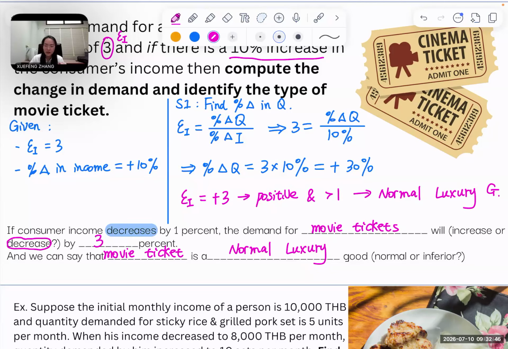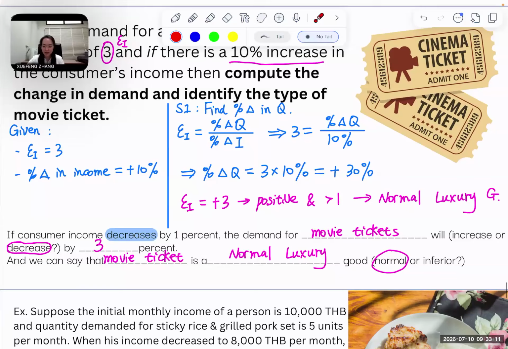Normal and luxury. Let me circle normal here. Be careful, okay? Even though epsilon I is positive 3, here it asks about a decrease, so they move in the same direction. That means if income decreases, the quantity demanded also decreases.